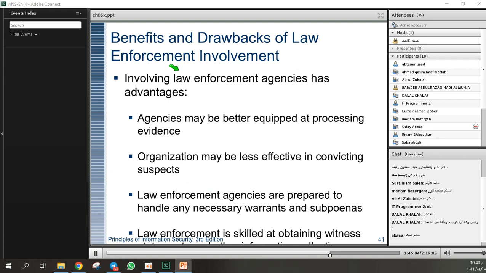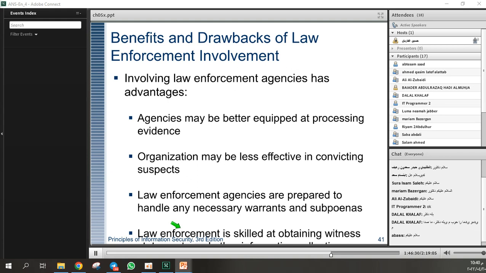We must answer these three questions. Remember, we must answer these three questions. And maybe the legal department in the organization must answer them. Why? It's very important.